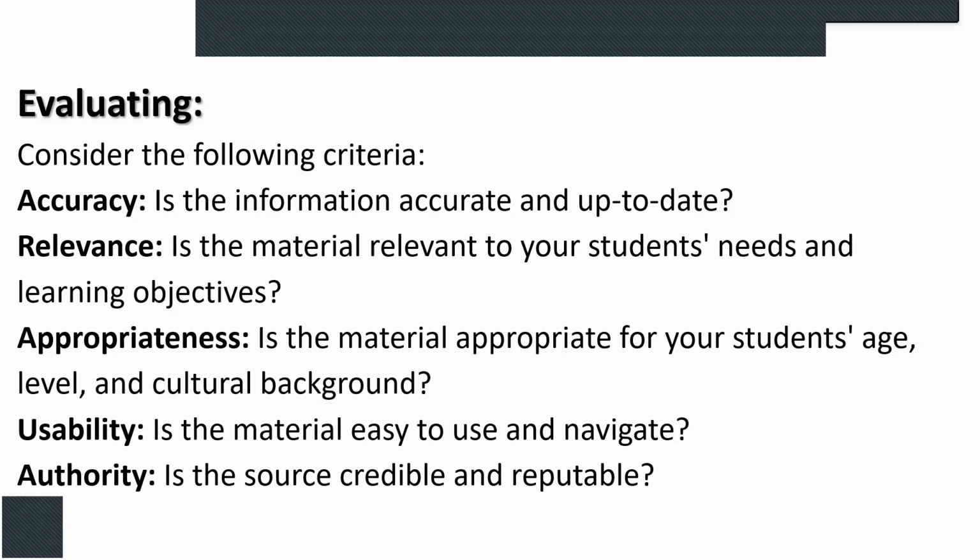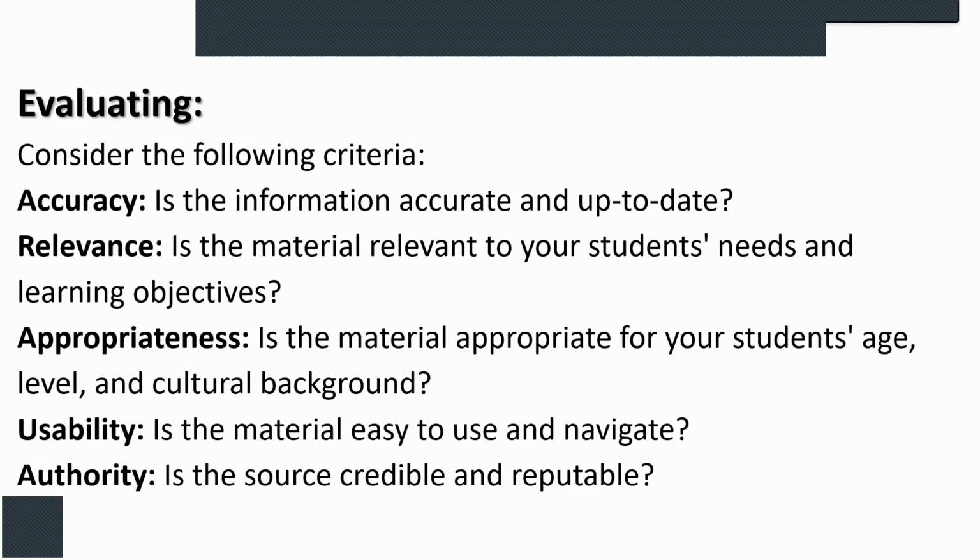Evaluating. So when you are evaluating the online resources, you have to think about the accuracy. That means whether the information online is correct. Is it accurate? There is much information available online, but all of it is not correct. So relevance.